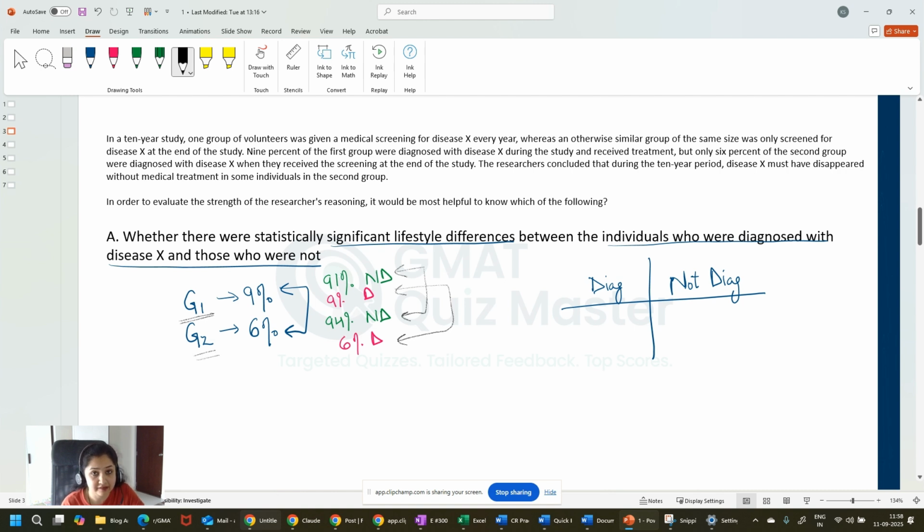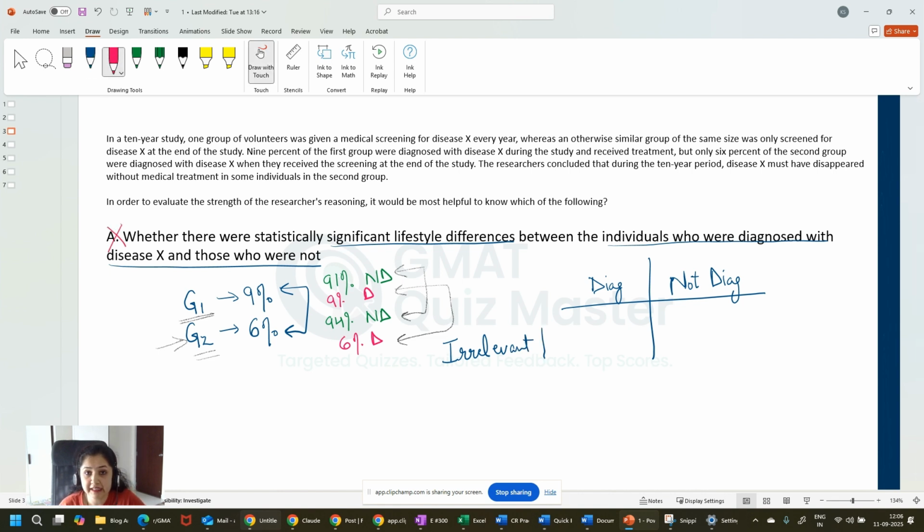It does not support or weaken the conclusion that G2 might have had more people who got disease X, and then some of those disappeared without any medical treatment. Choice A does not add any valuable information to evaluate that conclusion. And that is why choice A is irrelevant to the conclusion and is incorrect.